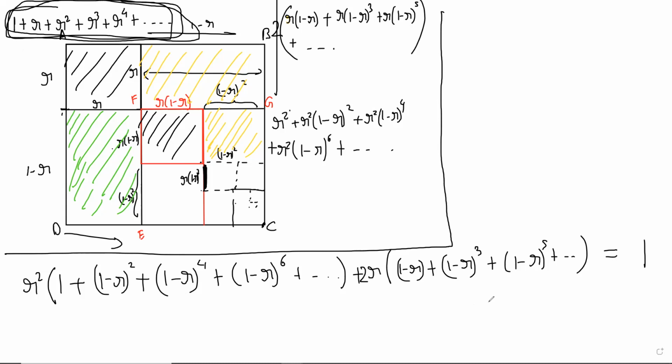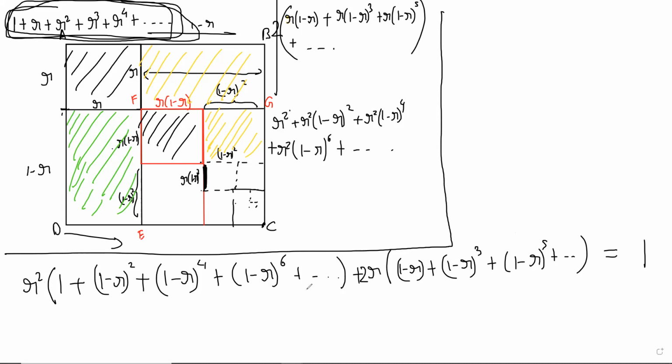Yeah. So now you have to use. Now I know what to do. Okay. From here you have to do some manipulation. So what you have to do is you see this result is true for any r, right? So you have to put r equal to 1 minus r in this expression, and then maybe you'll get it, because this by itself doesn't give us anything.